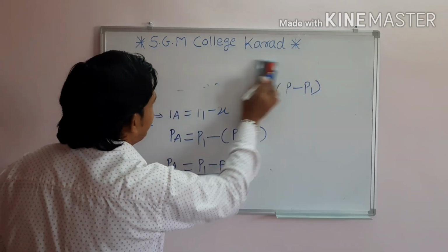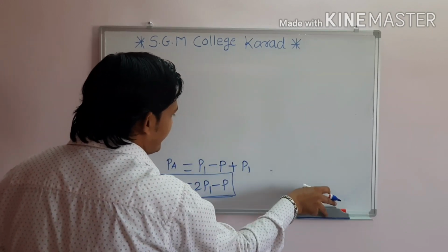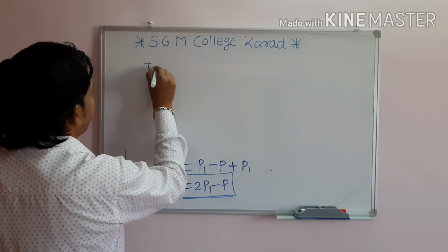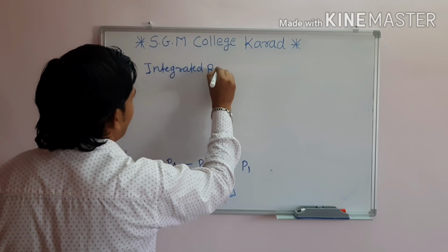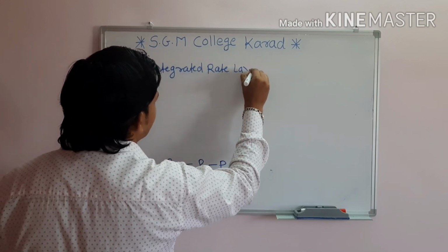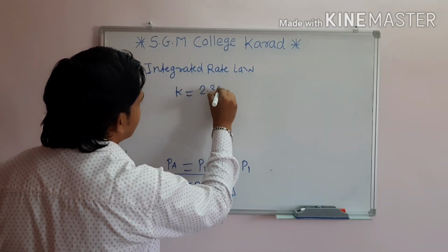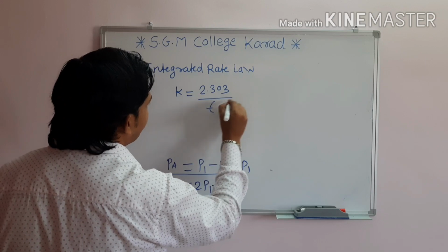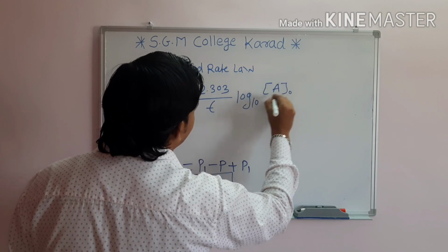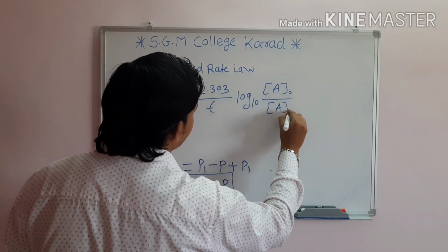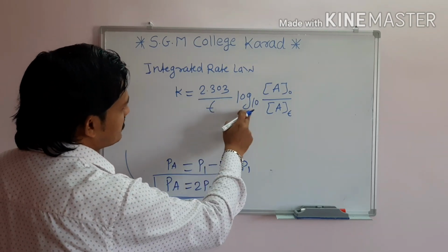Now the integrated rate law for first order reaction is given by K is equal to 2.303 divided by t, log to the base 10, A0 divided by At.